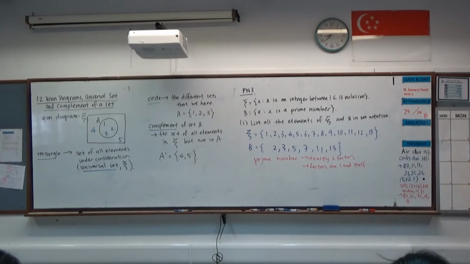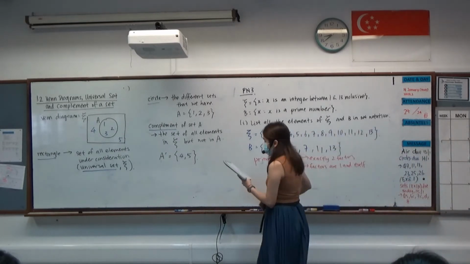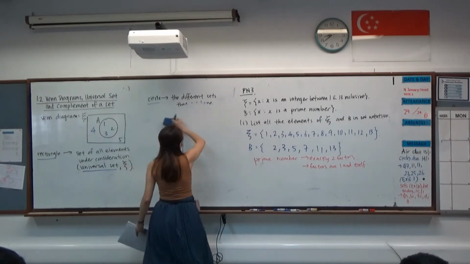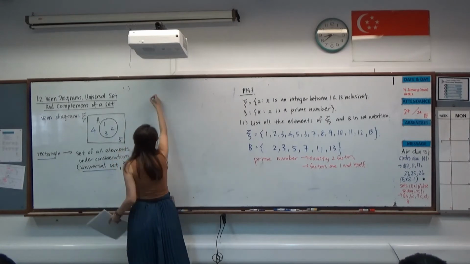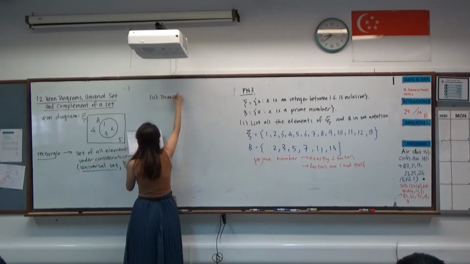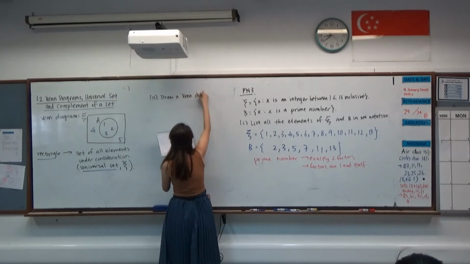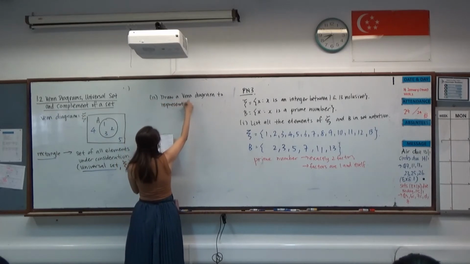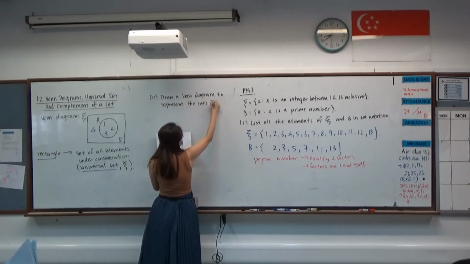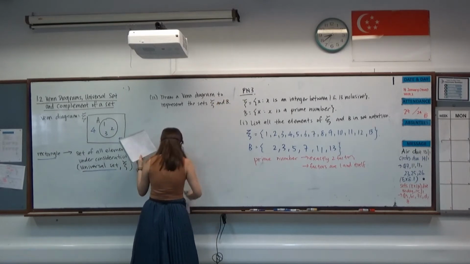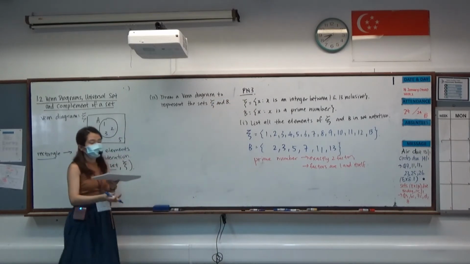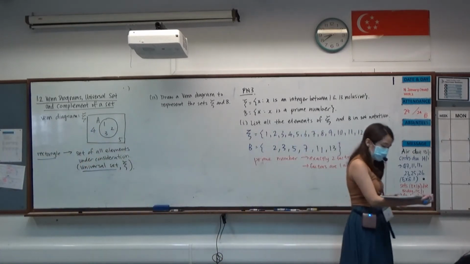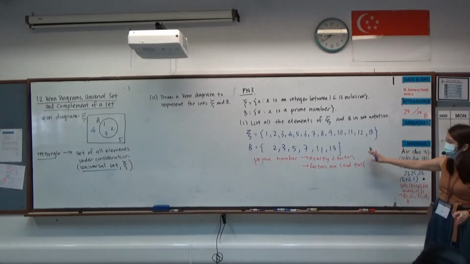Good question. So next, part 2, draw a Venn diagram to represent this. If you understand what I've written, maybe 1 minute, try to draw your own Venn diagram with the elements that we have already stated.